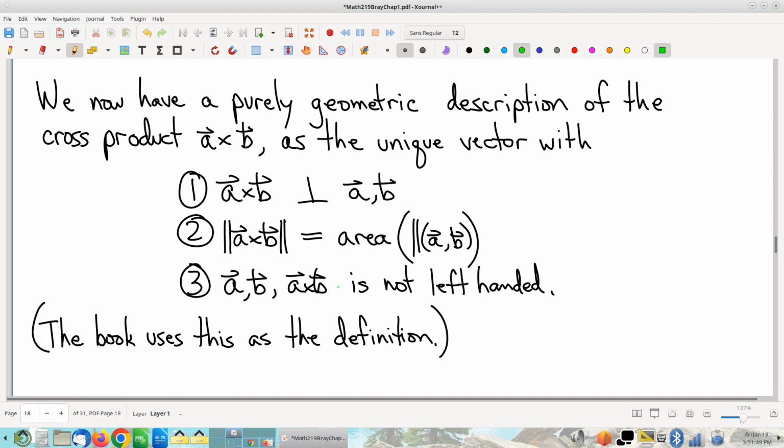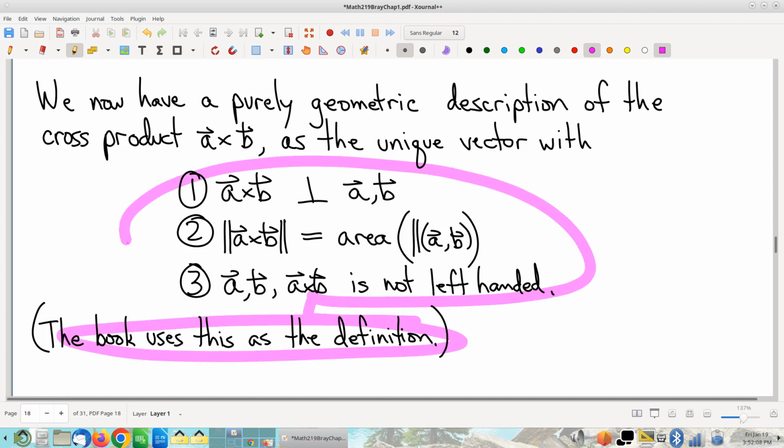And the book takes a different point of view. The book's got a focus that's more oriented toward rigor. And that's commendable and good, etc. I just don't think it's quite right for what we're doing here. So that said, I'll point out the book gives a different definition of the cross product. The book gives as a definition that the cross product is the unique vector that satisfies all three of these properties.